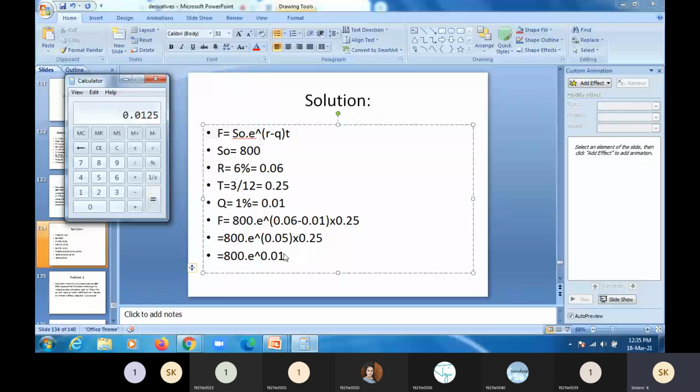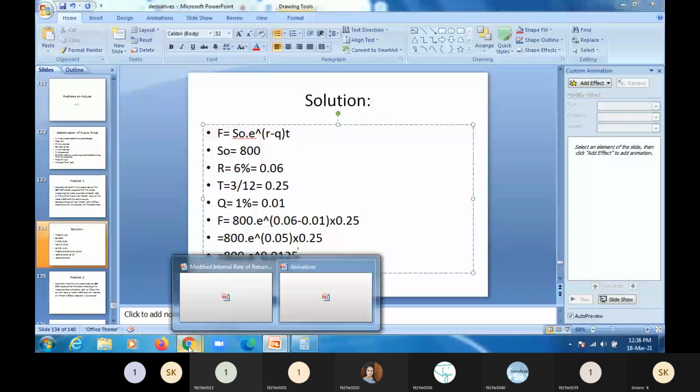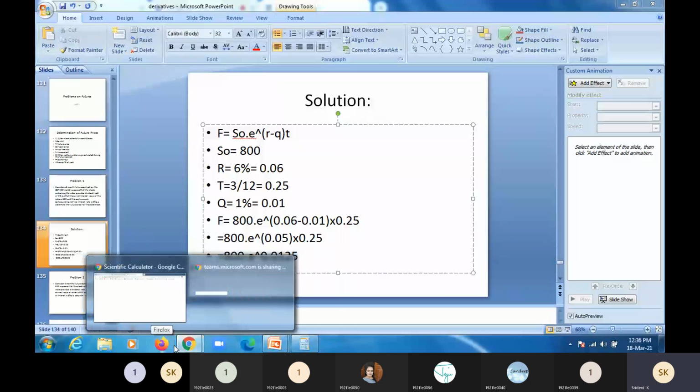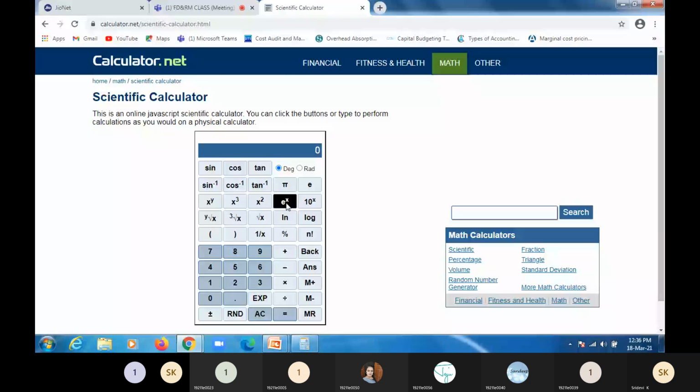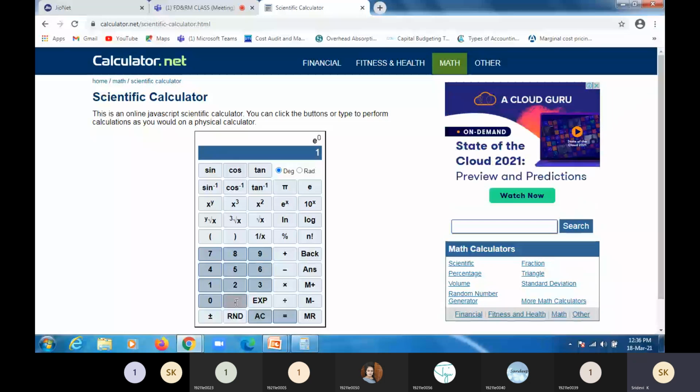Now take the scientific calculator and find out the e value that you are going to get. So e power 0.0125.